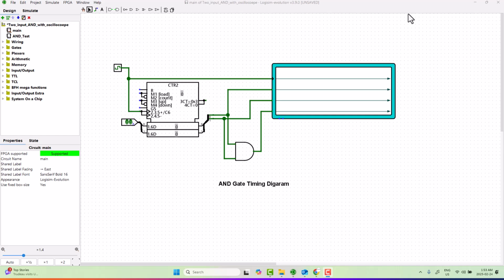To have a more interesting behavior, I have here in front of me, as before, the oscilloscope, the AND gate, and I added a counter. The counter just generates numbers from 0 up to 3.